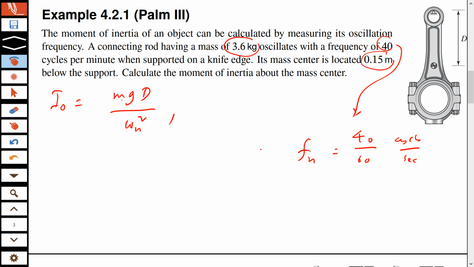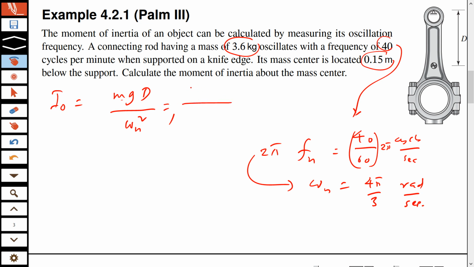So if I multiply this by 2 pi, I'll get 2/3 times 2 pi, which is 4 pi over 3, and this will be radians per second now. And that is your omega n, okay? इसका मतलब है कि मुझे omega n भी पता चल गया. Now I know everything. I know m, I know g, I know d, I know omega n, and I take the square. So I will get my IO.